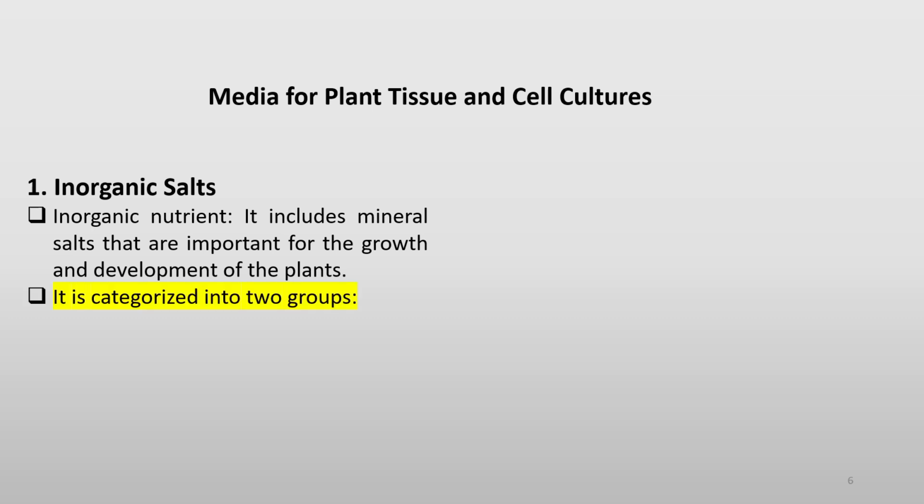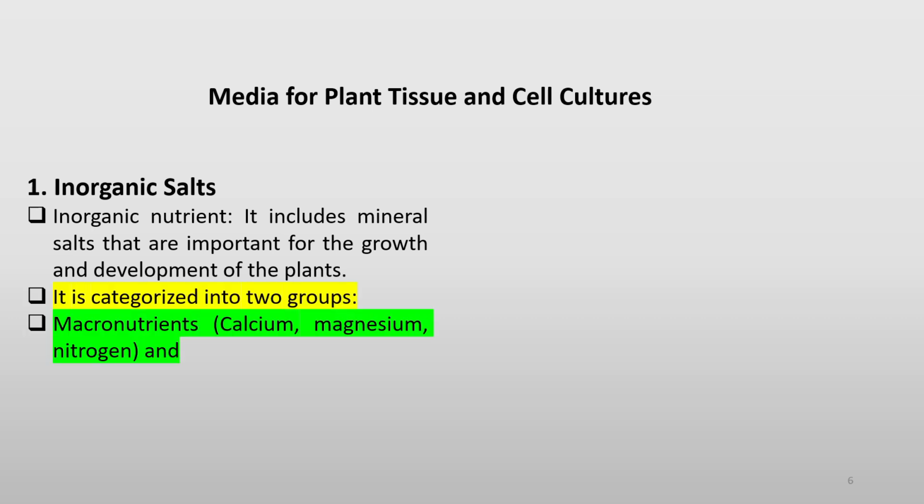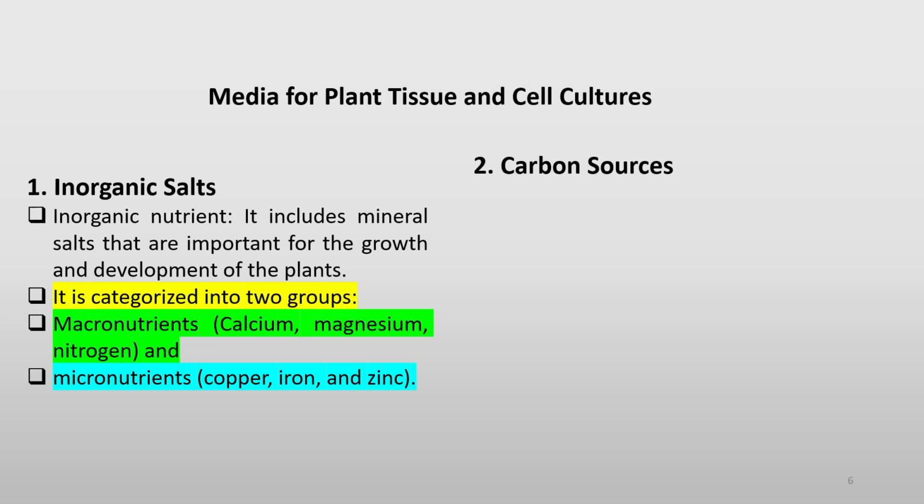It is categorized into 2 groups: macronutrients such as calcium, magnesium, nitrogen, and micronutrients such as copper, iron and zinc.